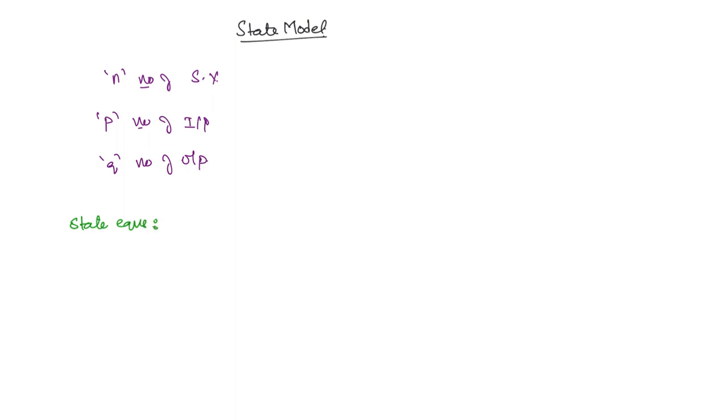They are n number of first order differential equations, right? This will usually be in the form of dx1 by dt, the differentiation of the state variable. This will be a function of the state variables as well as the input variables. So here you have taken n number of state variables and p number of inputs. Similarly, you can write for dx2.